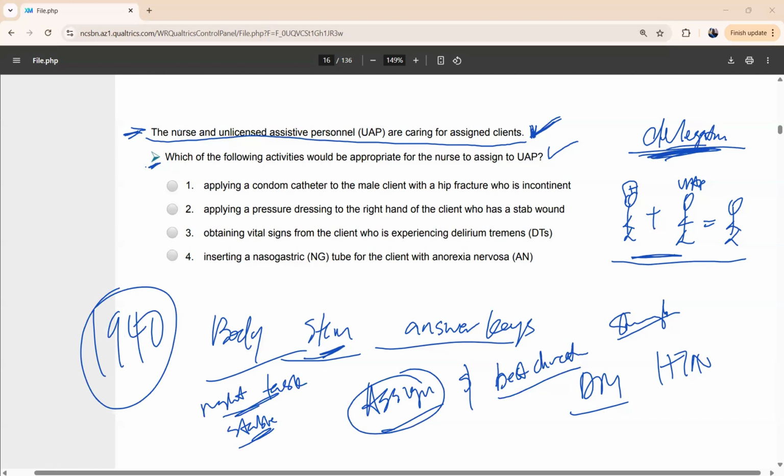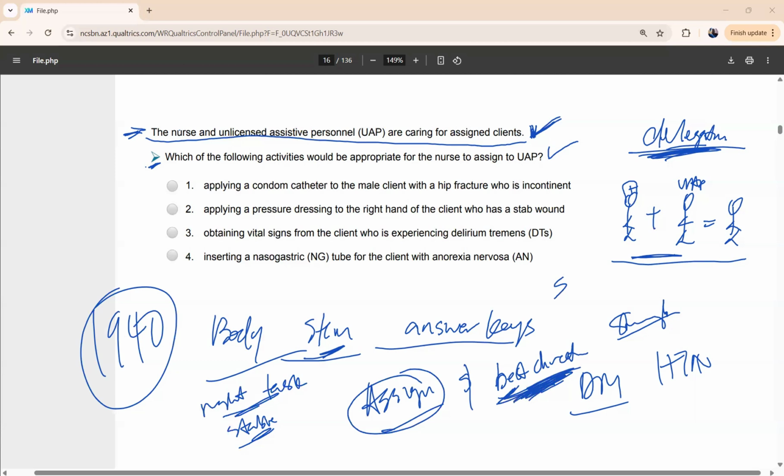So that was what I was thinking initially. I know best direction is there because we have the five rights of delegation. Okay, it's not best, it is right communication, right direction. So I was not even thinking the NCLEX would test something like that.